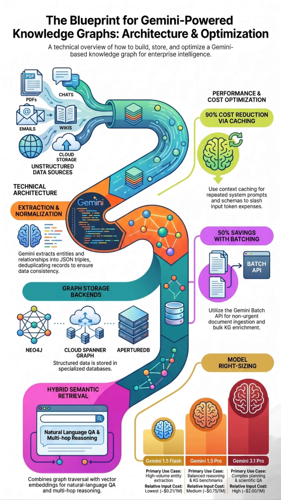So let's unpack this right out of the gate, because there's a really crucial distinction we need to make up front before we get into the weeds here. Okay, lay it on me. When we talk about a Gemini-powered knowledge graph, we are not talking about a monolithic, shrink-wrapped piece of software. No, definitely not. Like, you don't just go to a vendor website, click buy, and install a knowledge graph application on your laptop. Right, and that is probably the most common misconception.